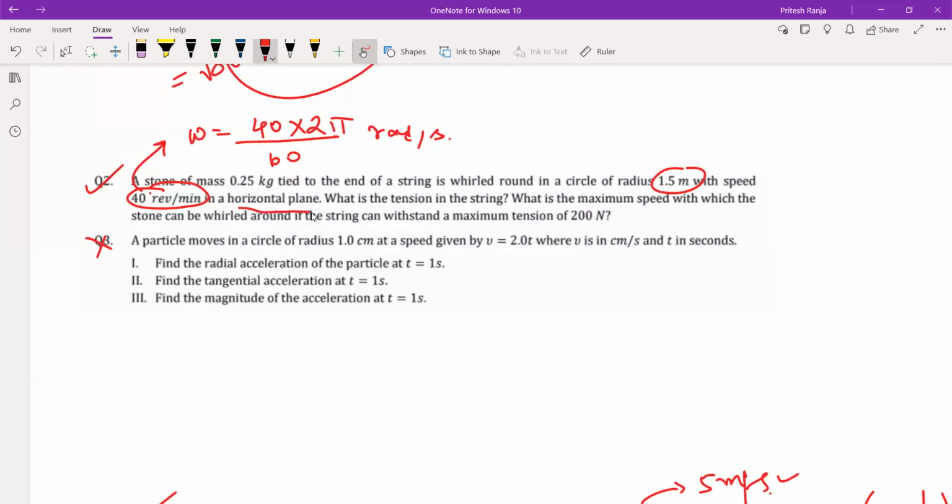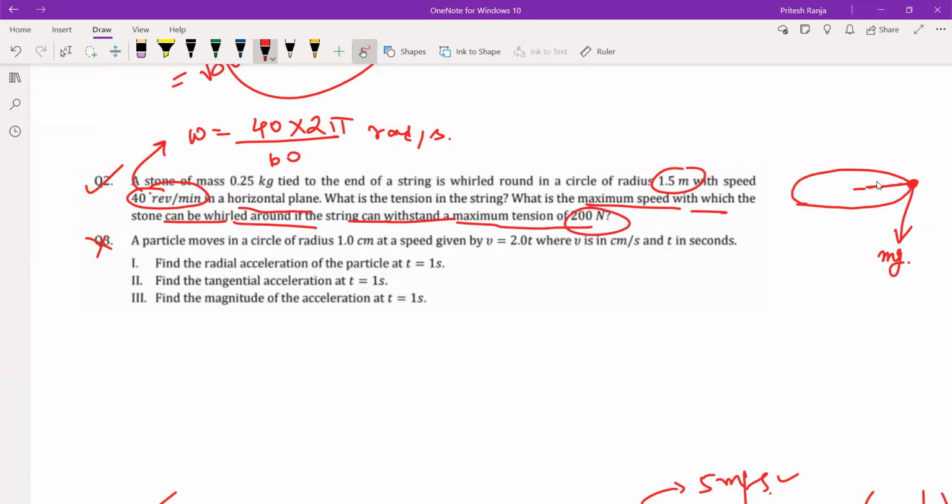In a horizontal plane, that means the stone is rotated like this. So at any point, there will be the weight acting in the downward direction. Now, what is the maximum speed with which the stone can be whirled around, given that the string can withstand a maximum tension of 200 Newton?